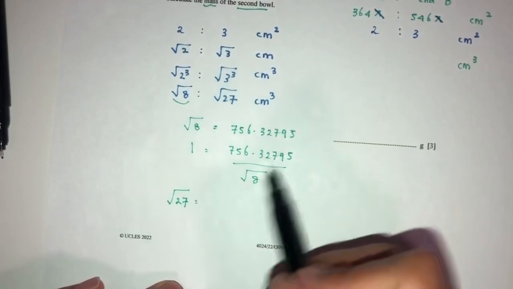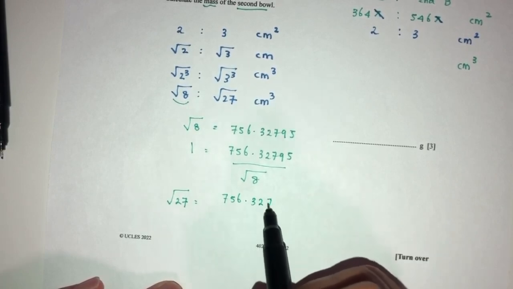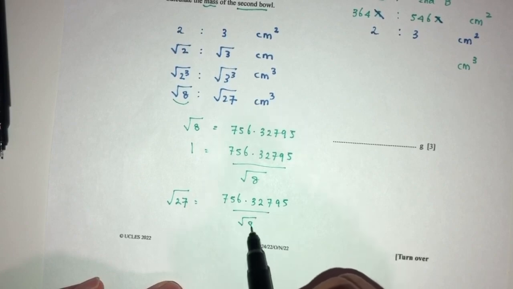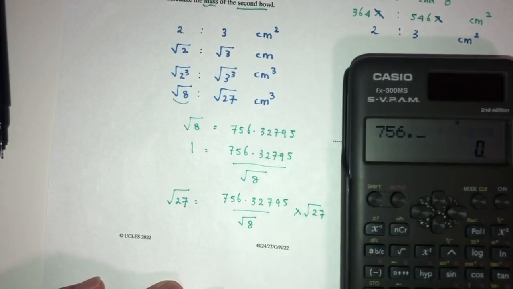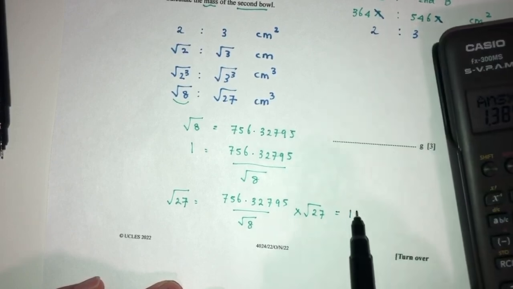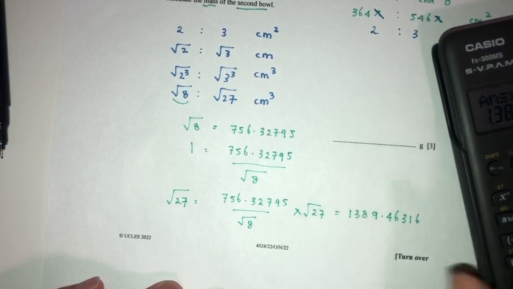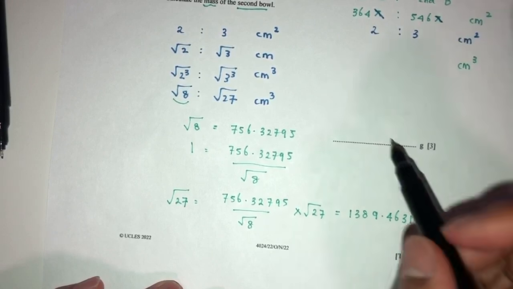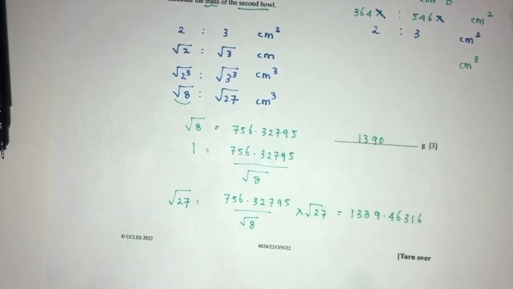So if 1 is that much, root of 27 will be that much, which is this, multiplied by root of 27. 756.32795 divided by root of 8 times root of 27. That will be 1389.46316. Now obviously you can write correctly 3SF 1390. That is the mass of the second bowl, and that is your question number 9.